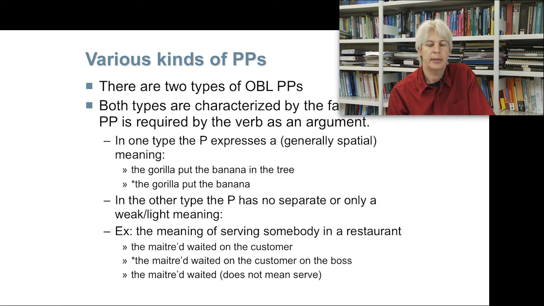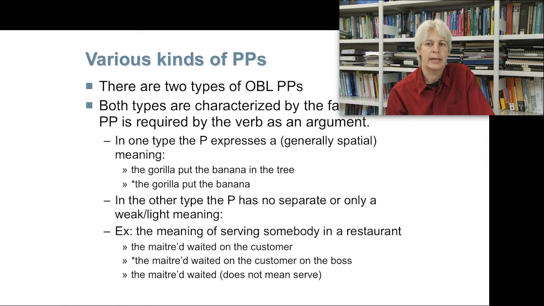In the other type, the preposition has no separate or only a very weak or light meaning. So far, "in" really means put something inside something, "on" really means put something on top of something. But if you look at the examples over here, where we're getting the meaning of somebody serving somebody else in the restaurant, so the maitre d' or the waiter waited on the customer, that doesn't mean that the maitre d' was sitting on the customer or sitting there waiting on him, right, or on her.